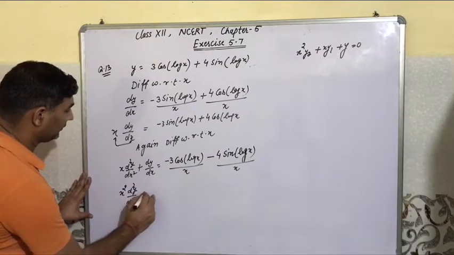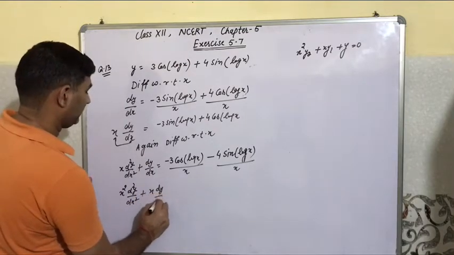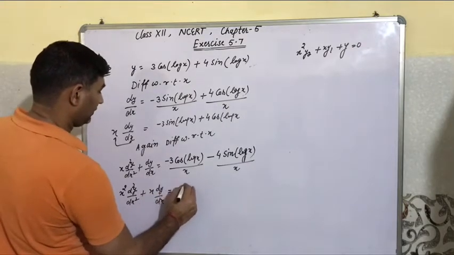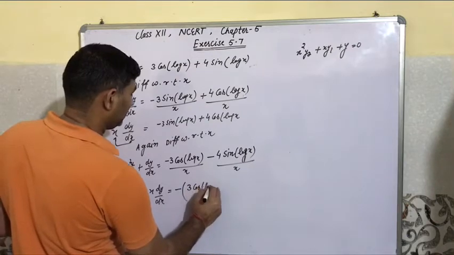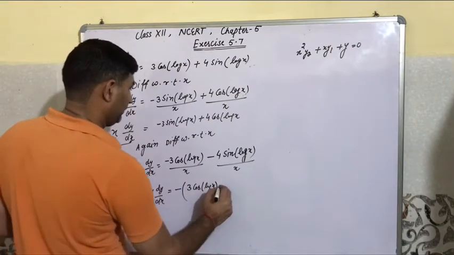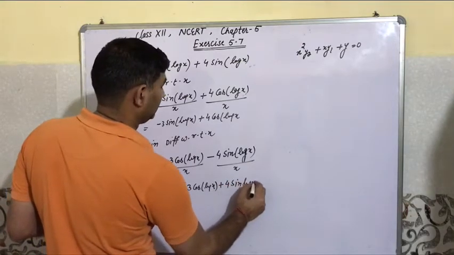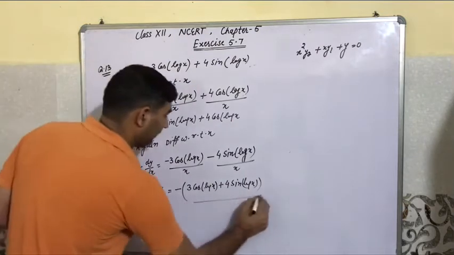square plus x into dy by dx, and this term is equal to minus common निकाल लें, तो this 3 cos log x plus 4 sin log x. This term is y, this complete y.